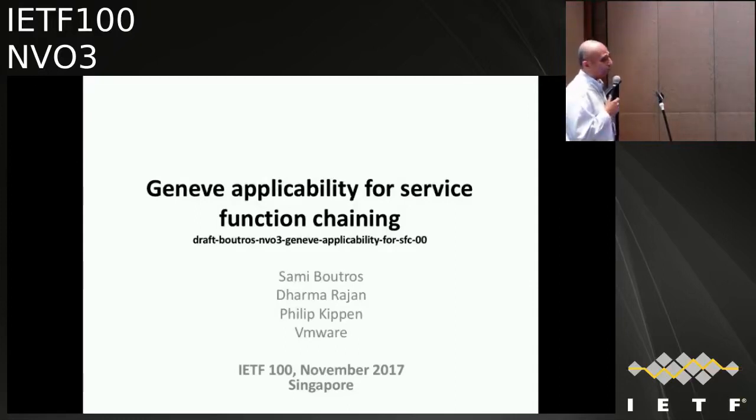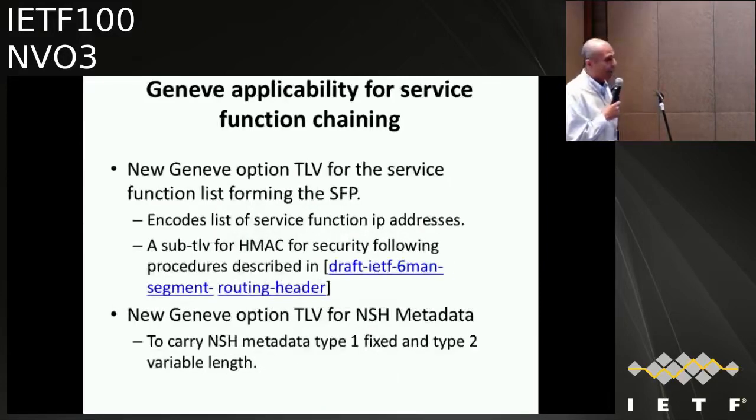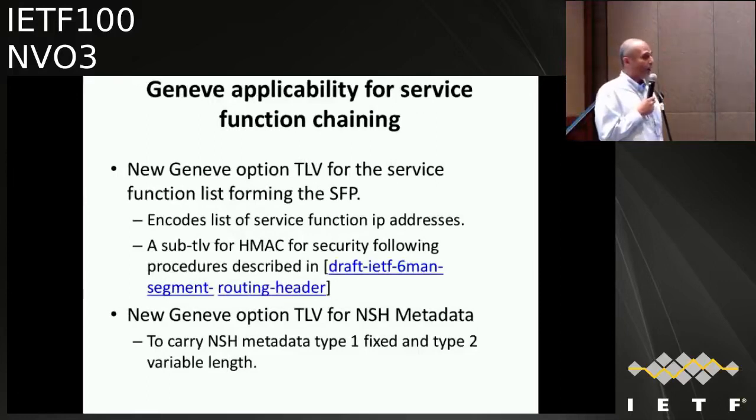However, in this draft we have a slightly different proposal on how to achieve the SFC. We still are talking about carrying the service function path information and the metadata that the NSH has defined as option TLV into the Geneve tunnel.